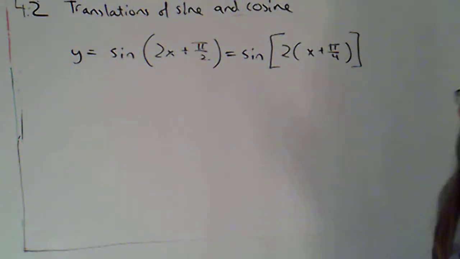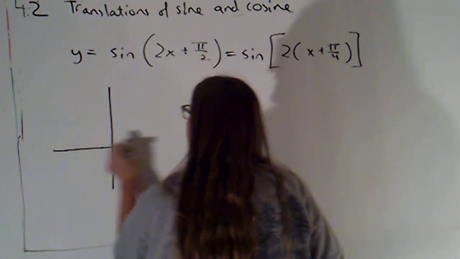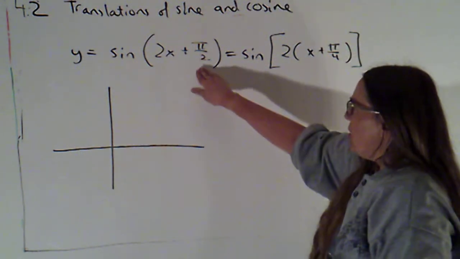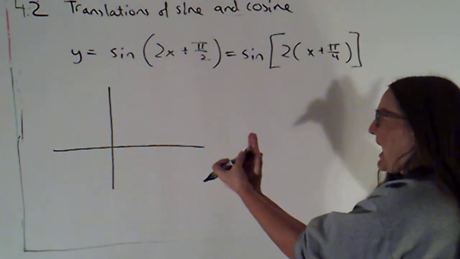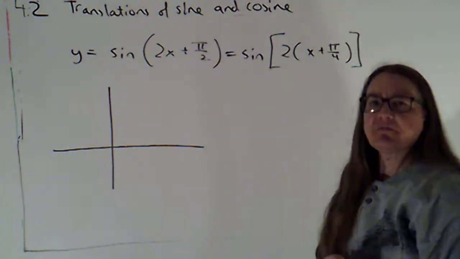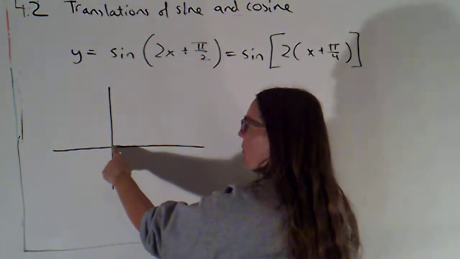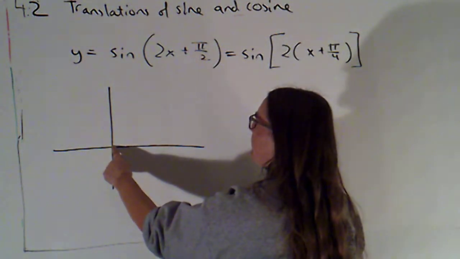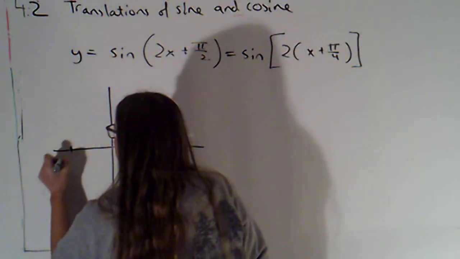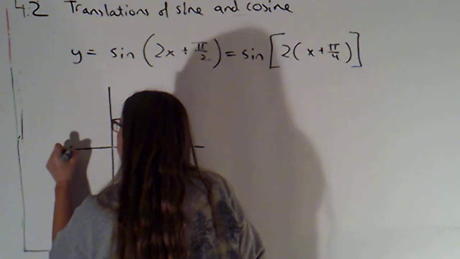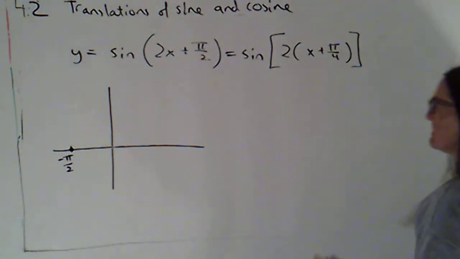Welcome back. Okay, I'm going to just observe that if what I said was right here, that we were shrinking by a factor of 1/2 and shifting to the left by pi over 2, my point that's usually at the origin for the sine graph, well, half of 0 is still 0, and then to the left pi over 2, that would give me a point of negative pi over 2, 0, if I did things that way.